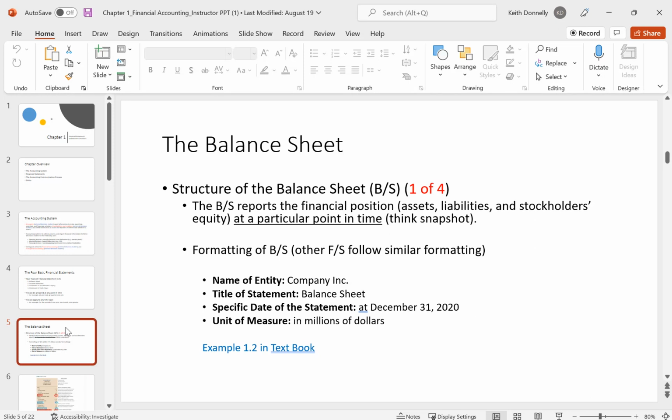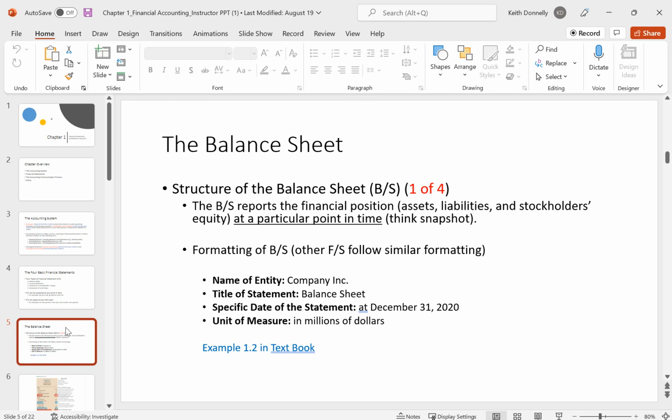Now, the balance sheet is prepared at a point in time. Think like a snapshot. It's almost like if you have social media, you have a wall where you make a bunch of posts on it. A single post on a single day would be like a snapshot. It would be like checking your bank account today. What's my balance?